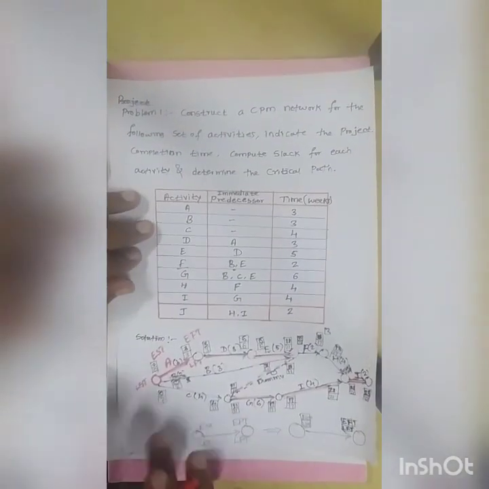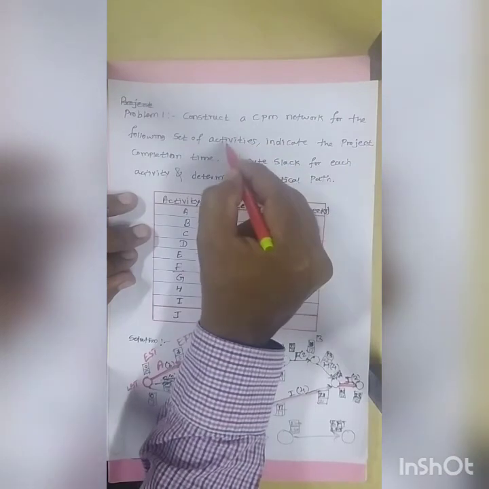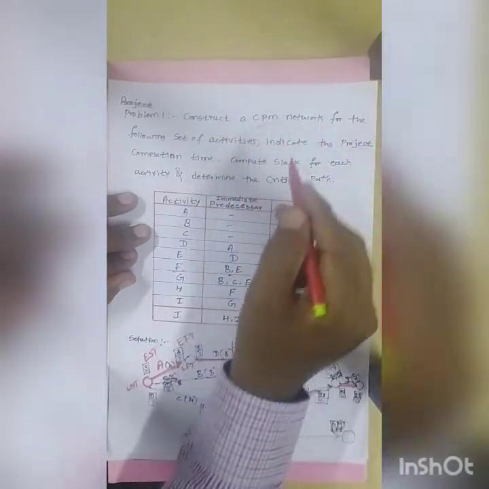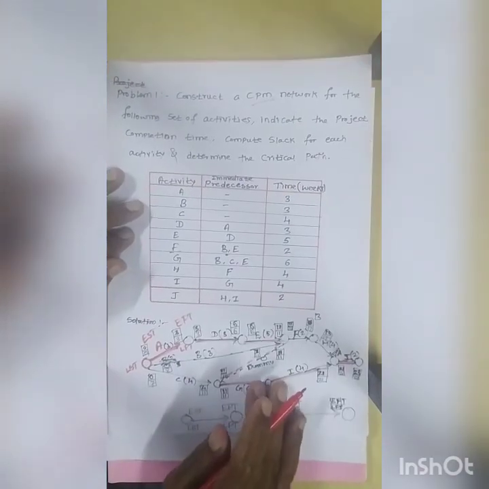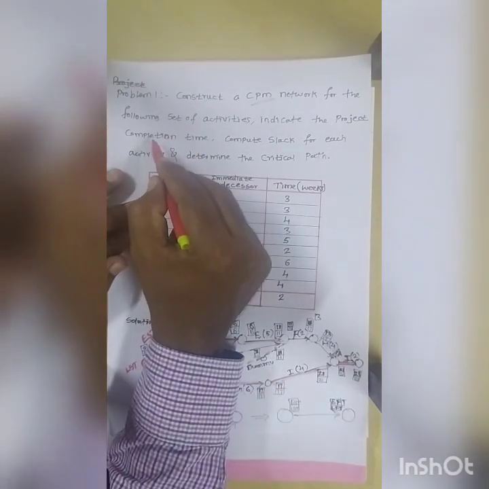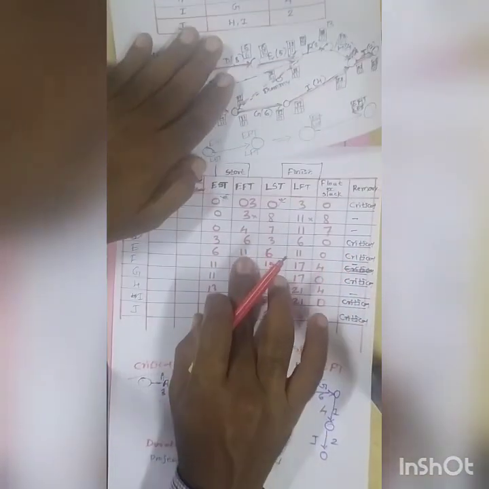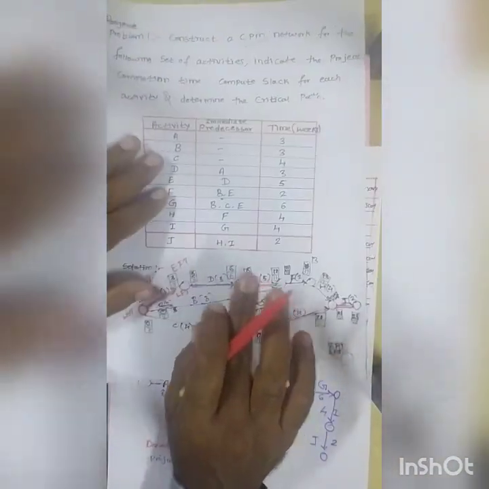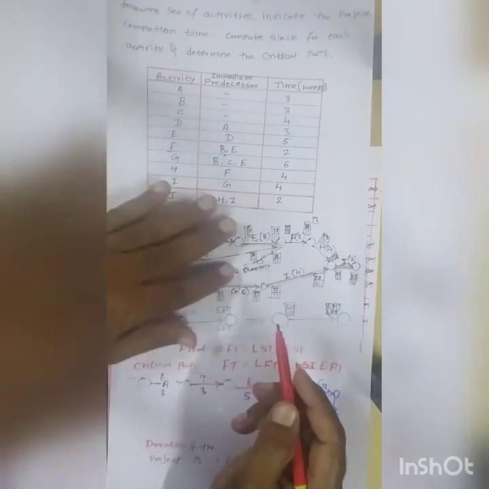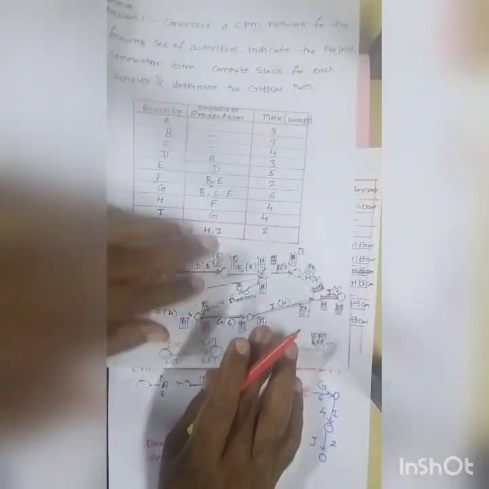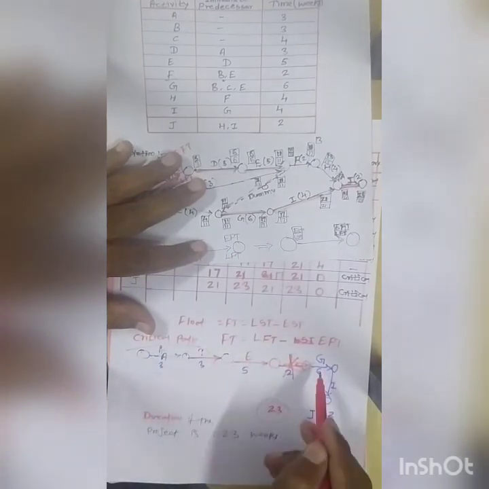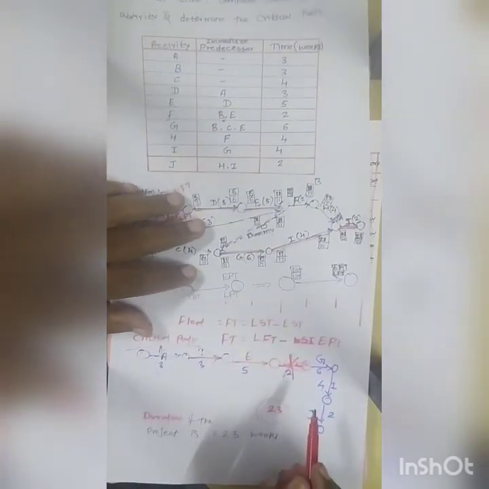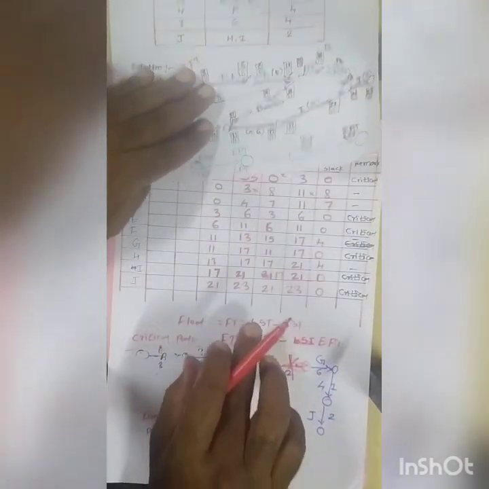What have they asked? We have constructed the CPM network. We have indicated the project duration over the network and the completion times. We have shown the early start time, early finish time, and so on. The slack, that is the float, we have found out. Next we have found the critical path and shown it over the network diagram.